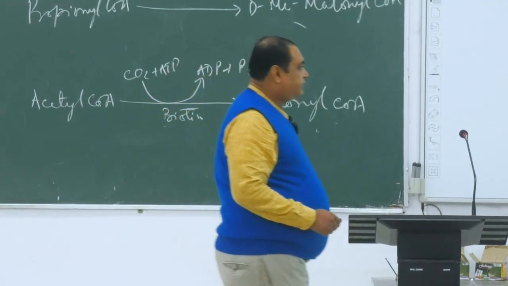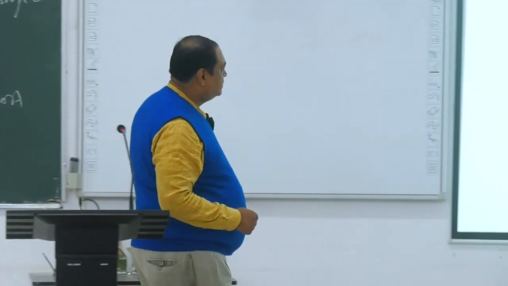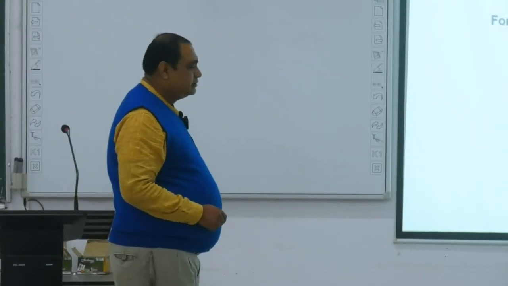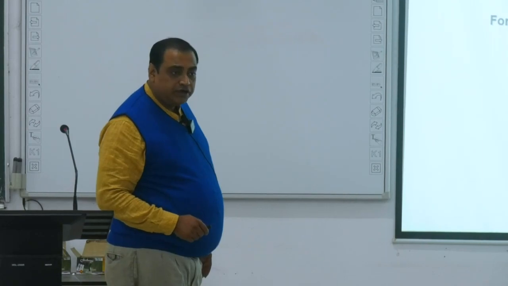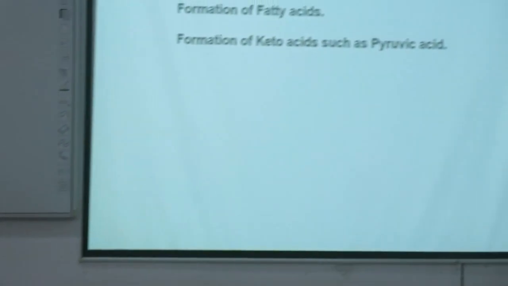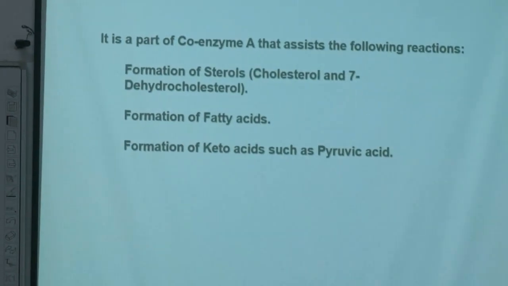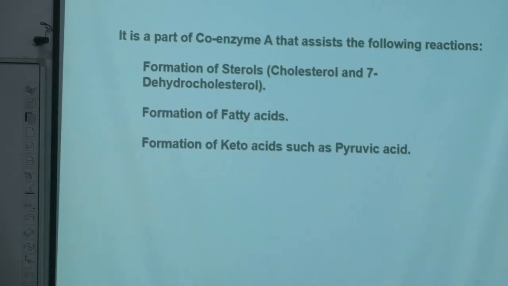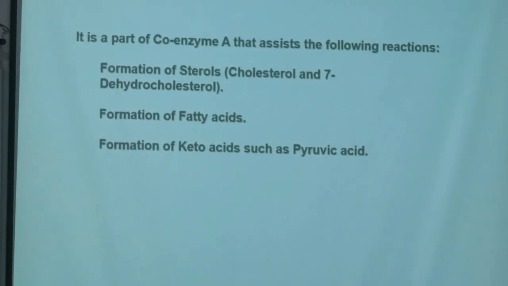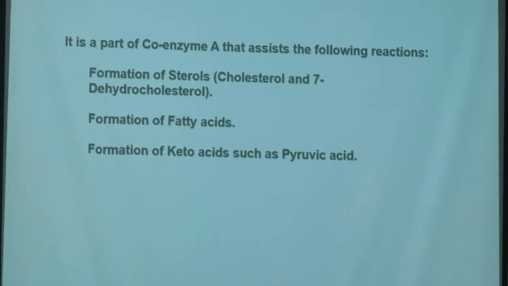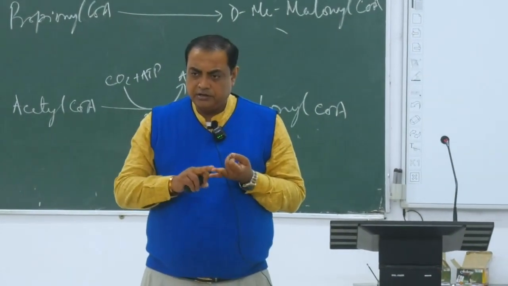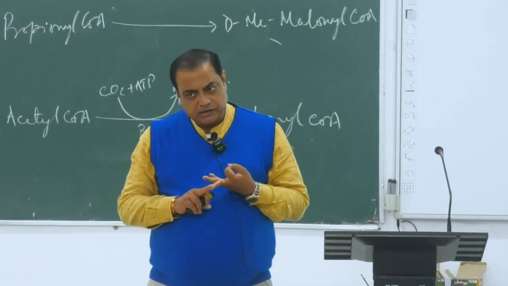That is why they are required for formation of fatty acids, cholesterol, and keto acids, meaning ketone bodies. Acetyl CoA is used for formation of these compounds: free fatty acid, cholesterol and ketone bodies. Clear?